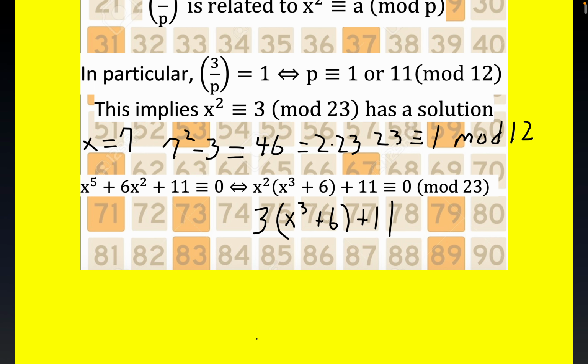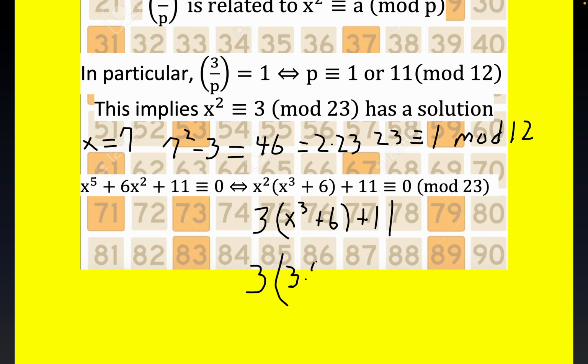Now let's keep going. Now you have 3, and we know this is x squared times 7, so this would be 3 times 7 plus 6. Remember, x is 7 and x squared is 3, so we can write this down.